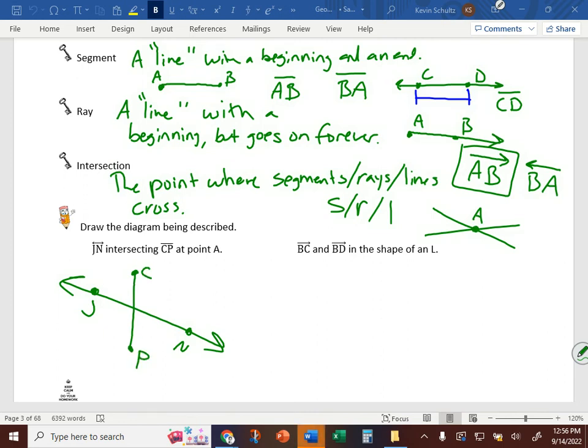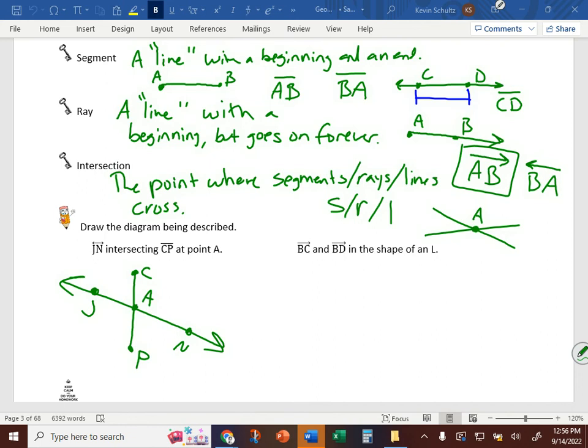Doesn't matter if C is the top point or the bottom point. But those two things intersect, line JN and segment CP, and they intersect at point A. So that is one of an infinite number of examples that would describe line JN intersecting the segment CP at point A.